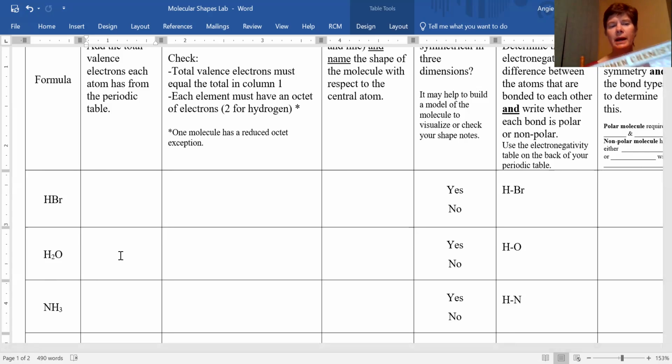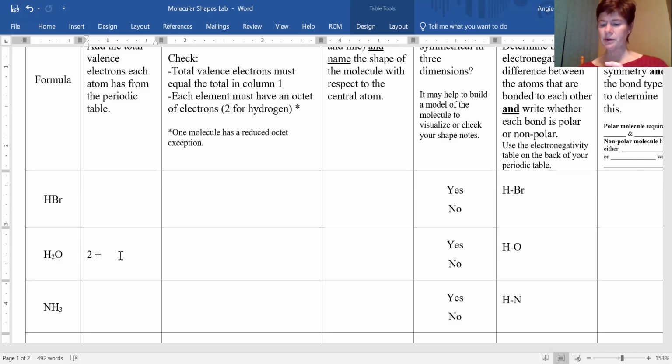H2O means that we have 2 hydrogens and 1 oxygen. So look up hydrogen on the periodic table. We can see that's in column 1. So that means 1 valence electron for each of the 2 hydrogens, so that will be a total of 2. We'll take 2 and add to that the number of valence electrons for the 1 oxygen.